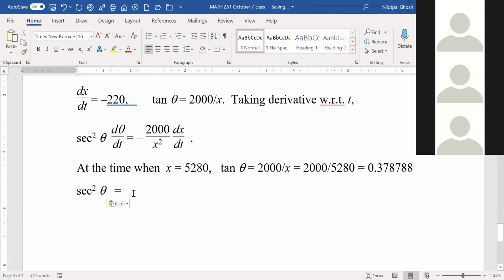one plus tan square theta. And that would be equal to whatever we can write on your calculator, 1 plus answer square.